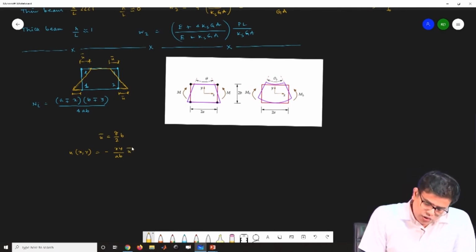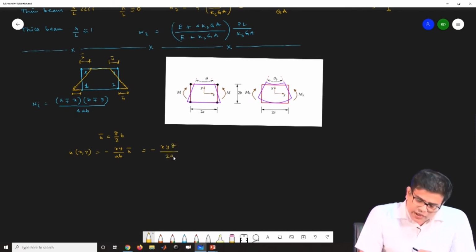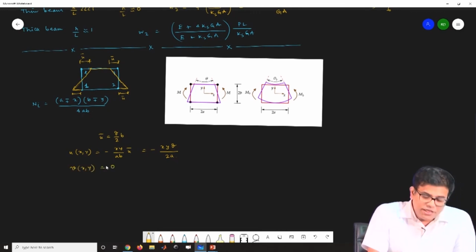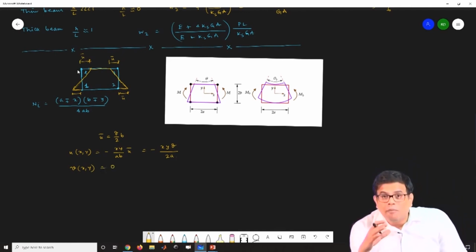If I substitute u bar, that is minus xy theta by 2a. Now v is naturally 0 for this element, because it cannot go up.